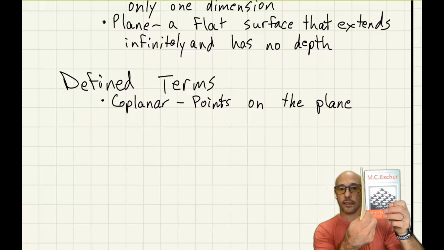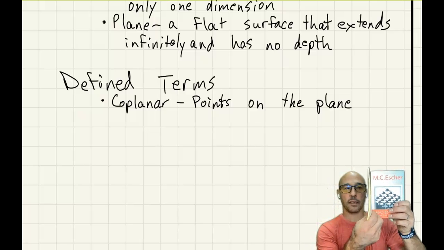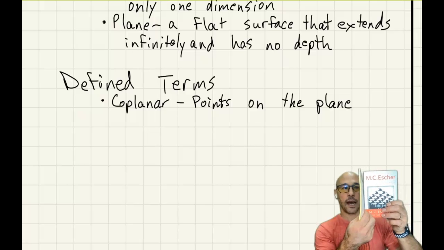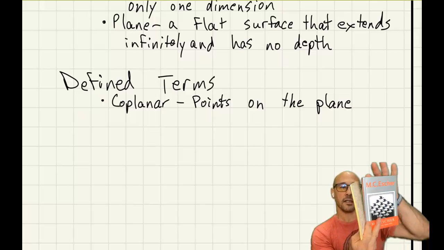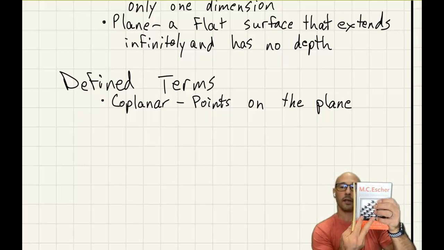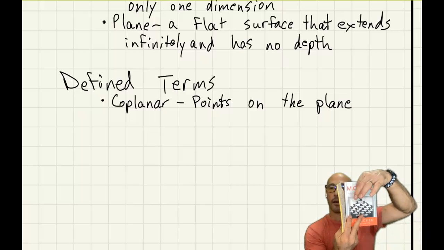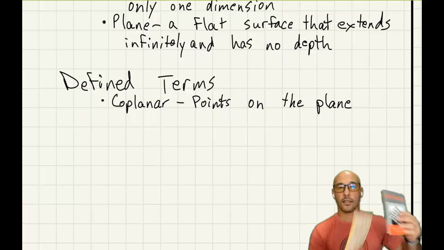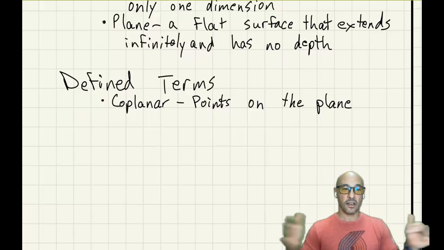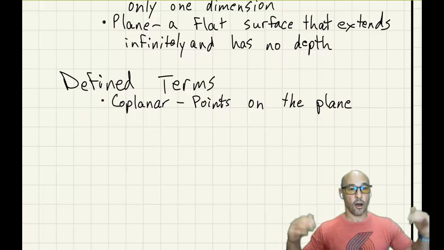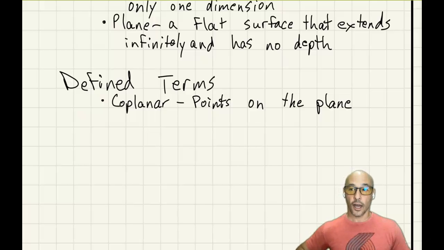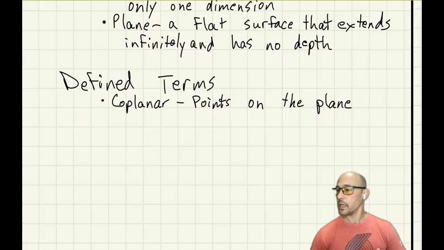There might be a line that touches this plane, so it goes on this one, and it touches this plane, but it's not on it. And so points that are not on the same plane are non-coplanar. So coplanar means on the same plane.